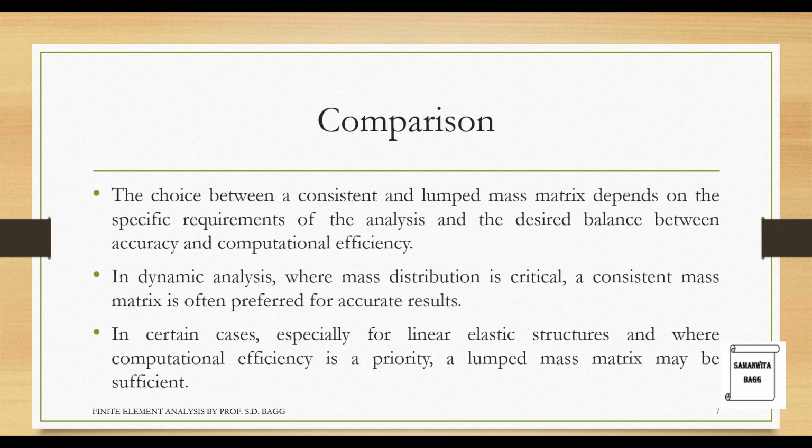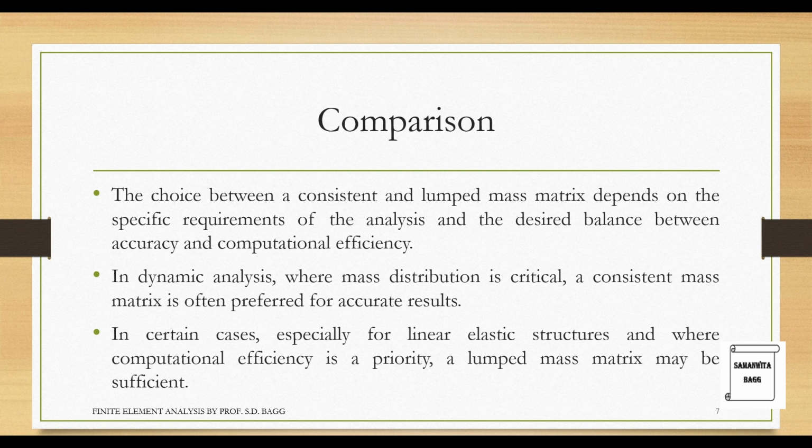We'll talk about the comparison between the two. The choice between a consistent and lumped mass matrix depends on the specific requirements of the analysis and the desired balance between accuracy and computational efficiency. So you need to decide which is more important for your solution, and accordingly you can choose between the two matrices. In dynamic analysis, where mass distribution is critical, a consistent mass matrix is often preferred for accurate results.